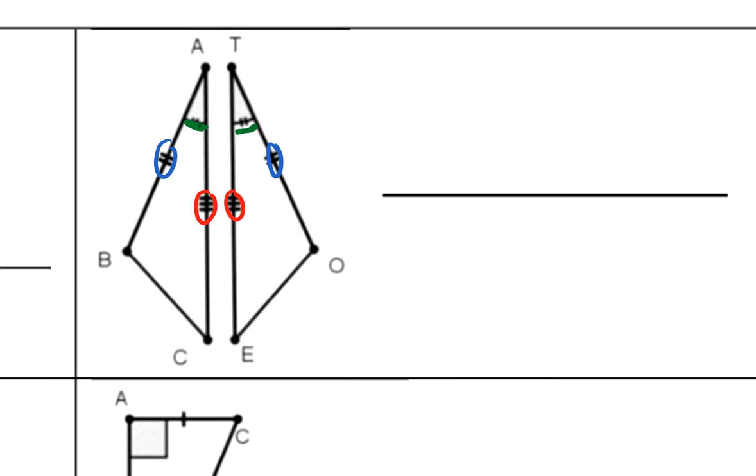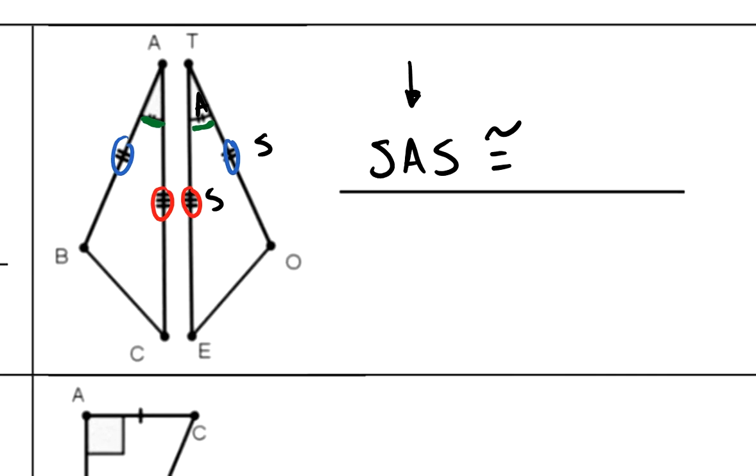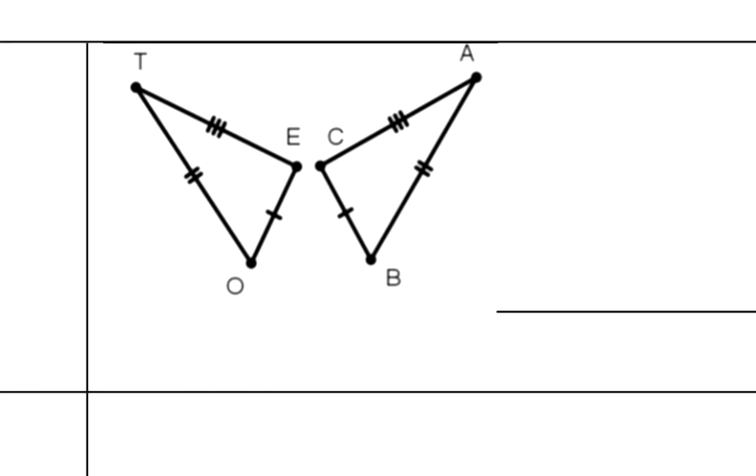And there is a series of transformations that would map one triangle onto the other. So this is our side, angle, side congruence condition. Notice that the angle that is congruent is in between the pairs of congruent sides. We have SAS congruence.